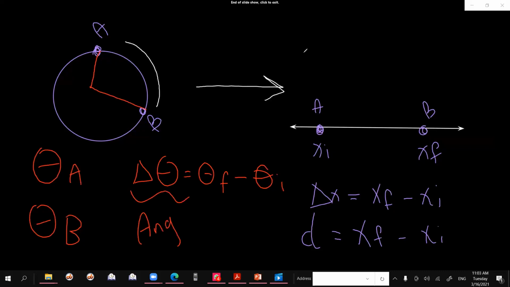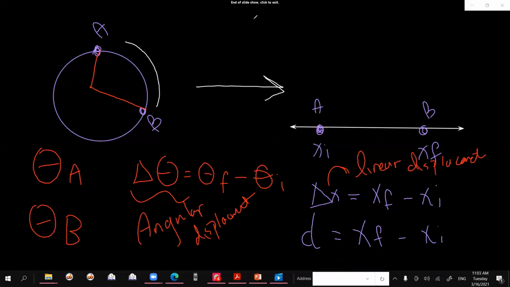We call this the angular displacement, and this here is the linear displacement. Both have the same terms: for linear, x final minus x initial, and for angular, the final angular position minus the initial angular position.